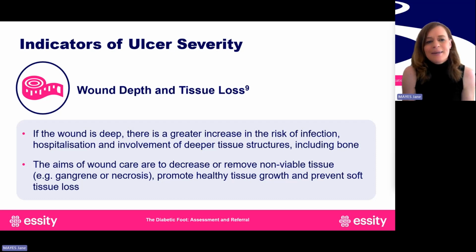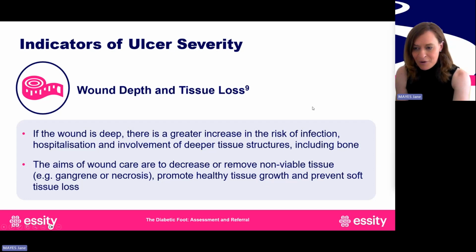However, in patients with diabetes, a small, tiny little break in the skin, before you know it, with all those complications, can be a deep amount of tissue loss. So don't think a tiny wound is not going to become a problem. It really does. But the big ones are a real problem already.